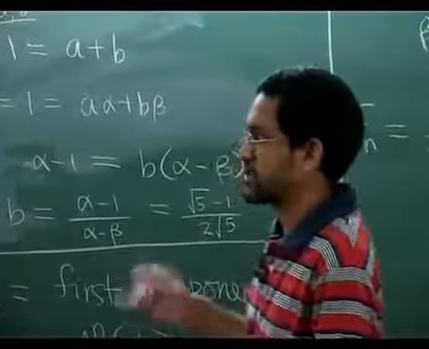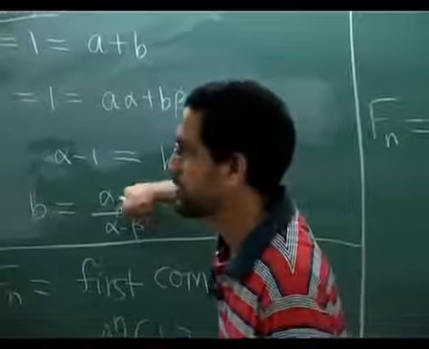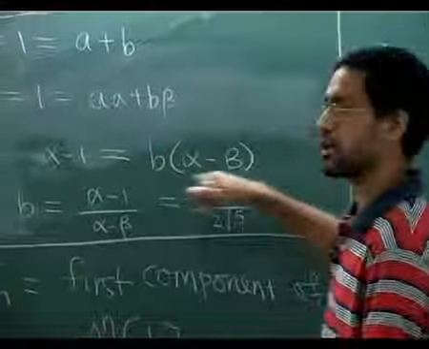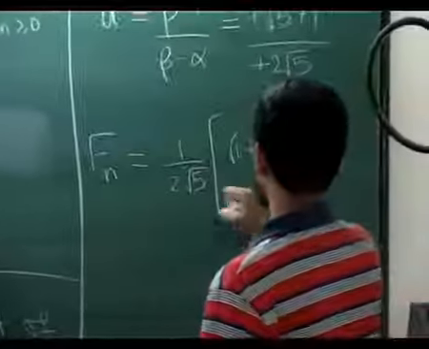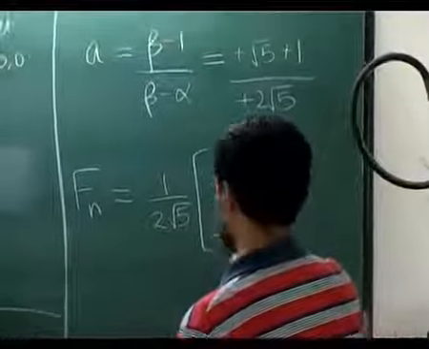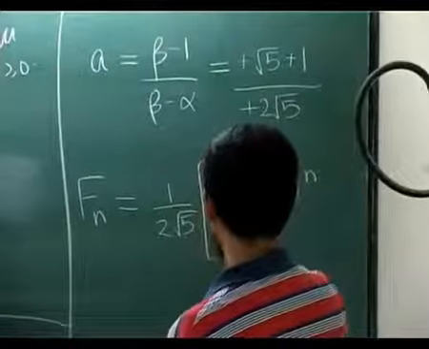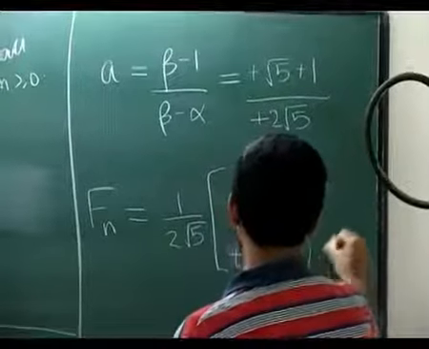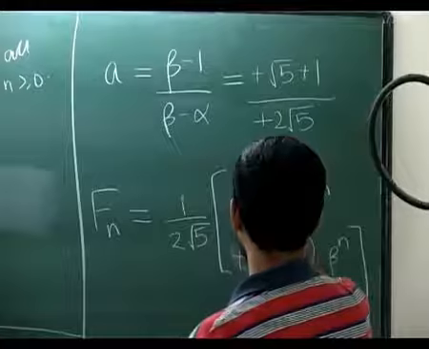It's coming from alpha minus 1; alpha minus 1 is (root 5 minus 1) by 2. So it's coming from the top. And for beta minus alpha the sign is the other way around. So it's plus root 5 minus 1. So this is root 5 plus 1, so let's make it that.